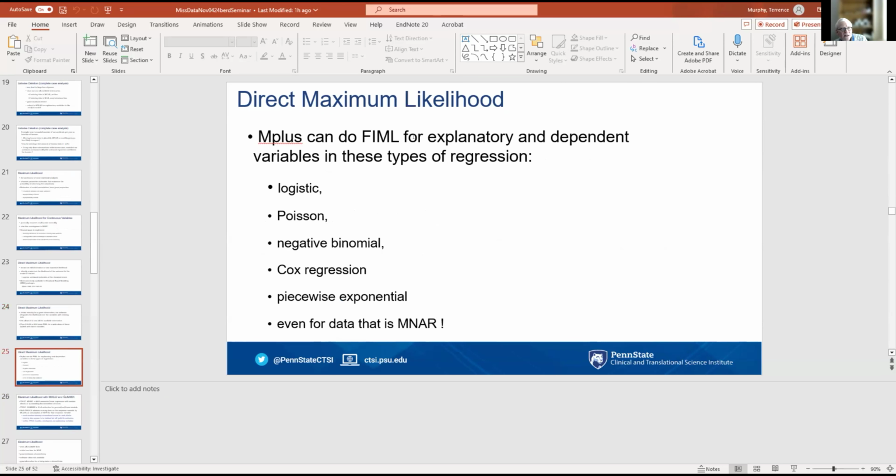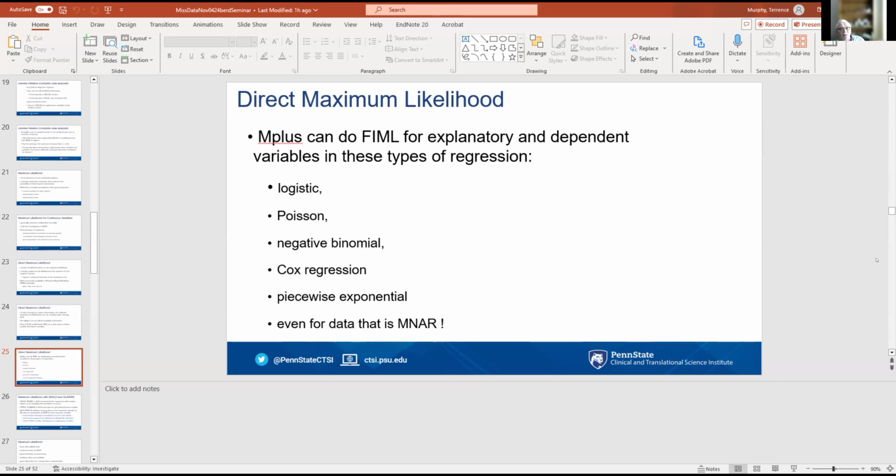Now, direct maximum likelihood, I was talking a little about this package called M+. M+ can do full information maximum likelihood for both explanatory and dependent variables outcomes for many types of regression. So logistic, Poisson, negative binomial, Cox. M+ even has some capability to handle missing not at random. Okay, turns out SAS does also.